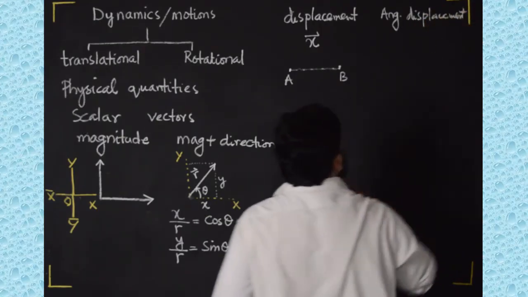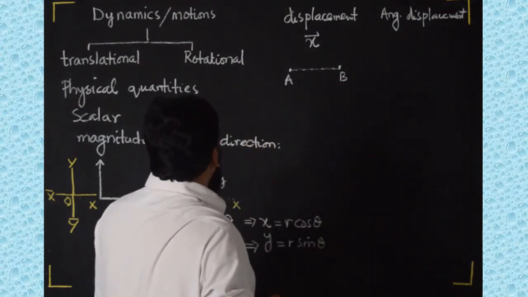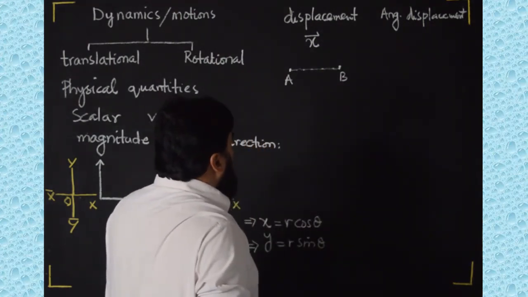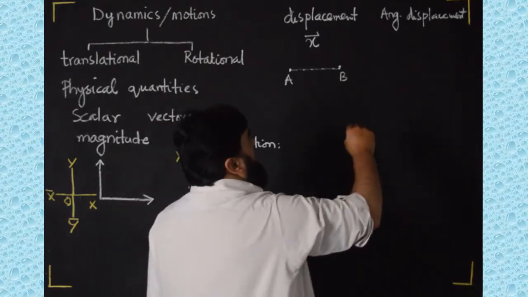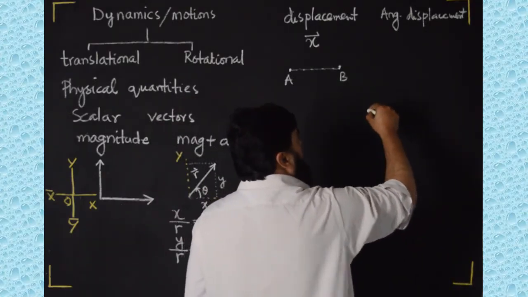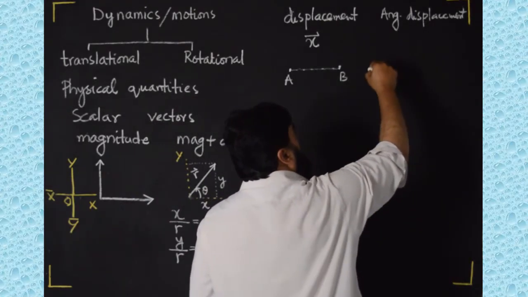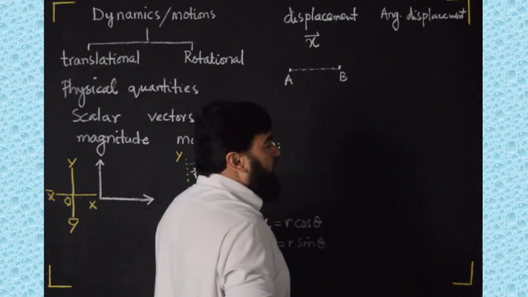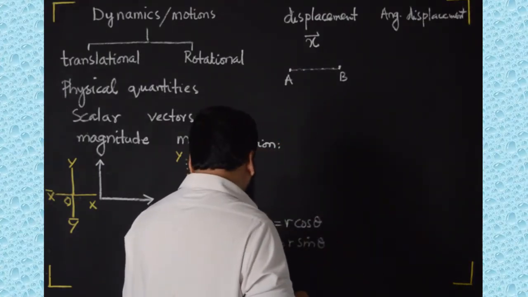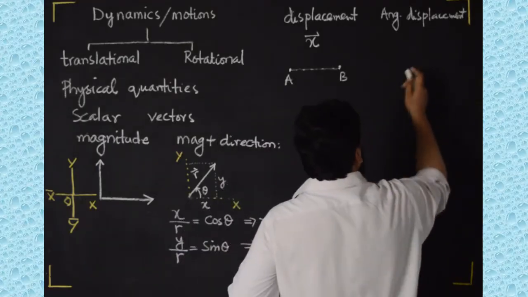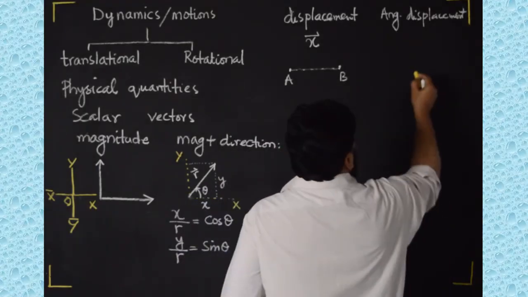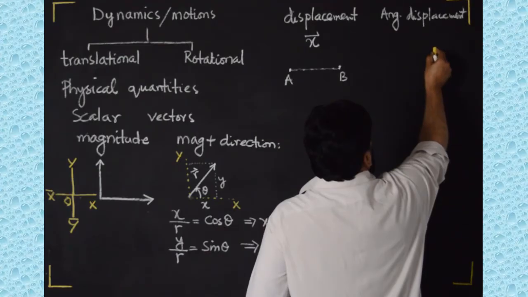We will have to understand angular displacement. Angular displacement is when a body displaces in a circular form from one point to another point. Let me draw a circle.